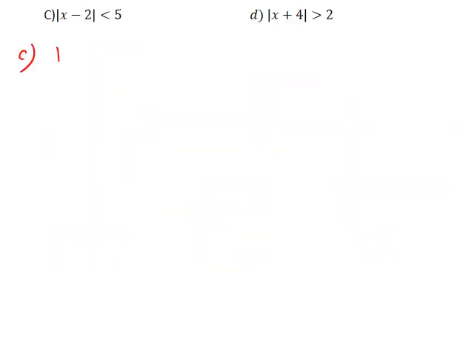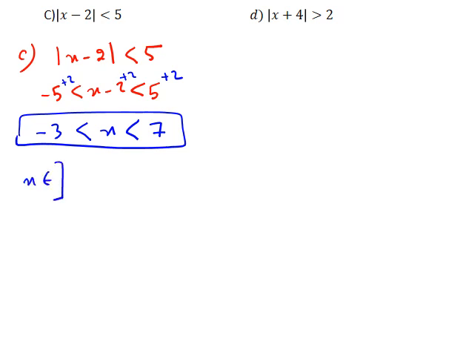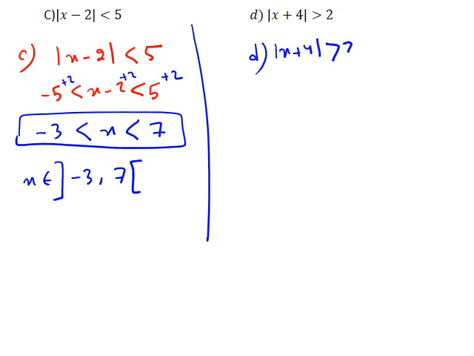Now C, absolute value x minus 2 less than 5. So x minus 2 is between minus 5 and 5. Add 2 to each side: minus 3 less than x less than 7. So x belongs to the interval minus 3 and 7, open since without equal. D, absolute value x plus 4 greater than 2.